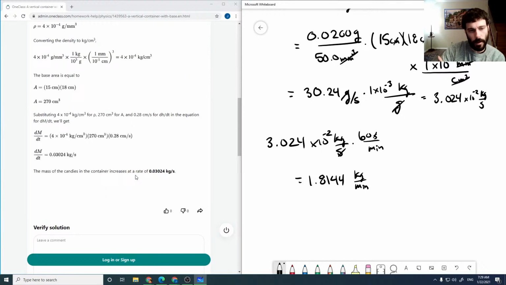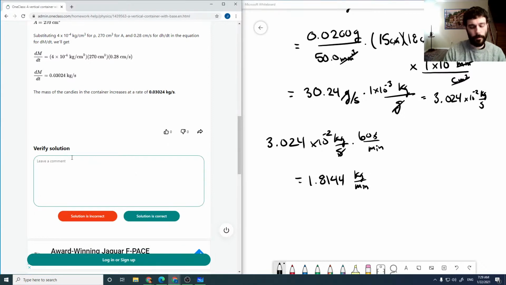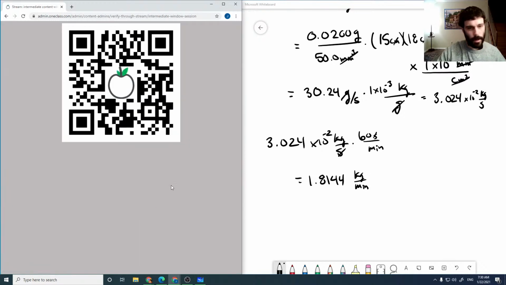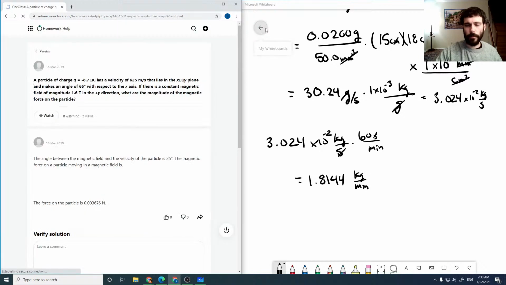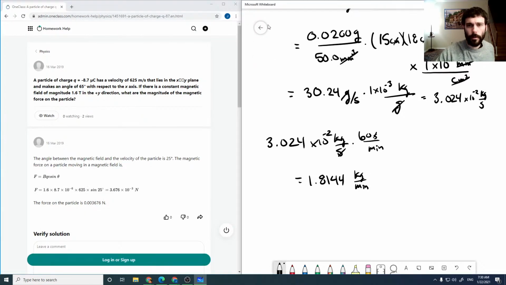So it does ask for kilograms per minute, but I would say that conversion is not super necessary. The question asks for kilograms per minute, which is 1.8144. I'm just going to say this one's correct because a small unit conversion at the end isn't that important.